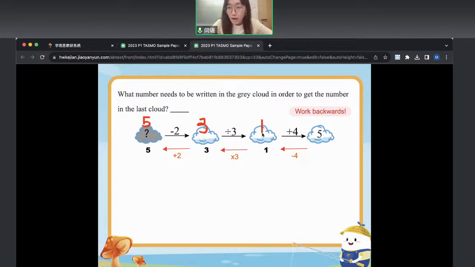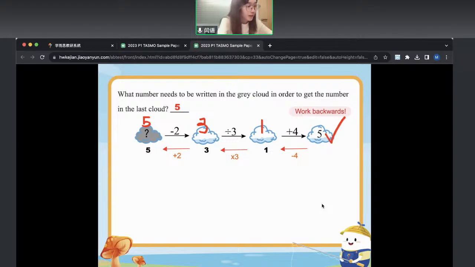We just check from left to right. And then what about 1? 1 plus 4 equals 5. Is it correct? Yes. So after that, you can make sure we answered this question correctly. Then fill in the blank. That is number 5. Understand? Do remember that after you finish the calculation, double check your answer.